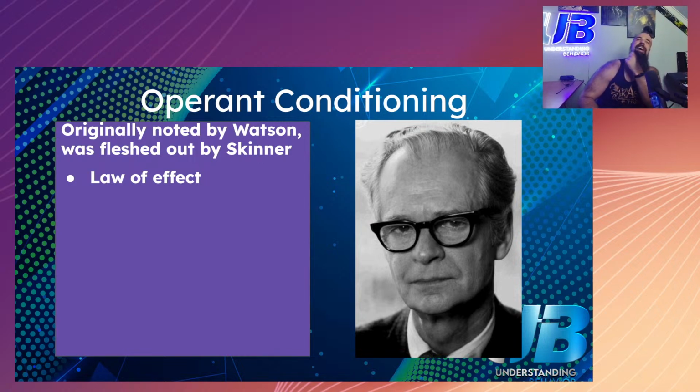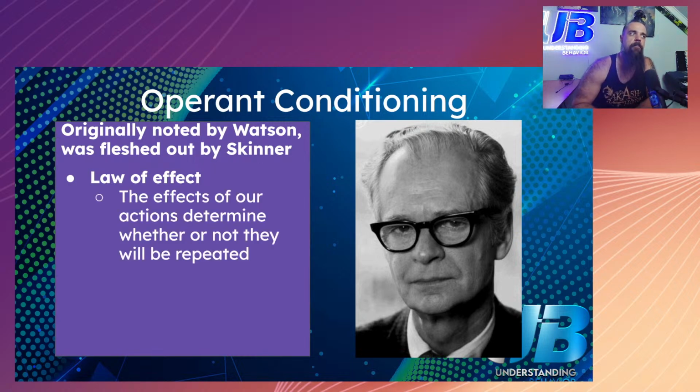All right, so with operant conditioning, I think the most important term is the law of effect. I'm always shocked by how many students haven't heard of this term before. The law of effect states that the effects of our actions determine whether or not they will be repeated. A really important point is that it's the effects of our actions.